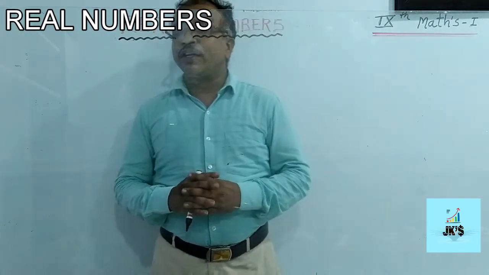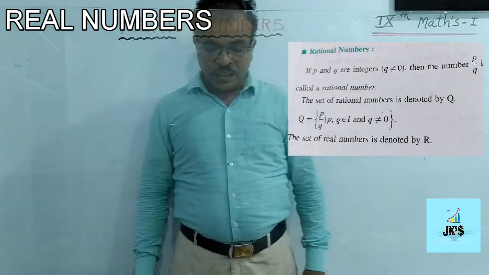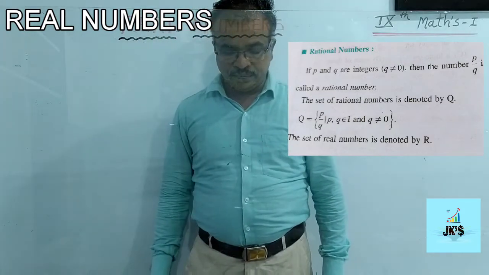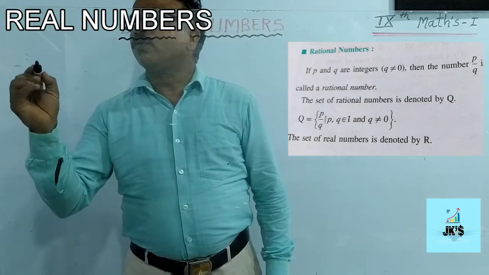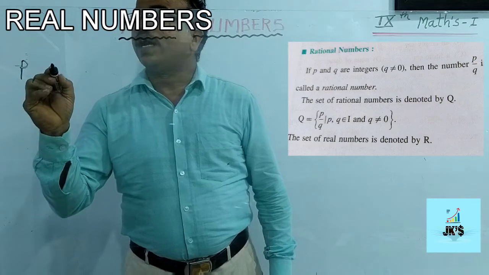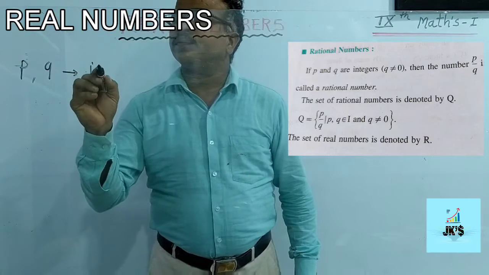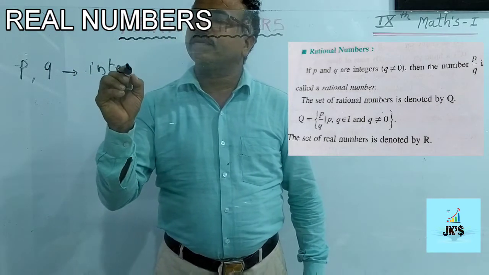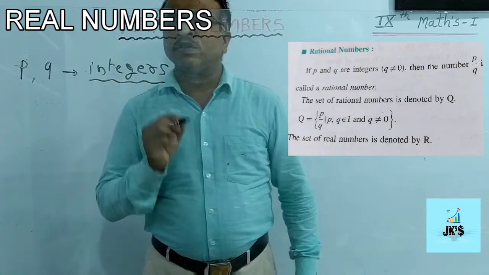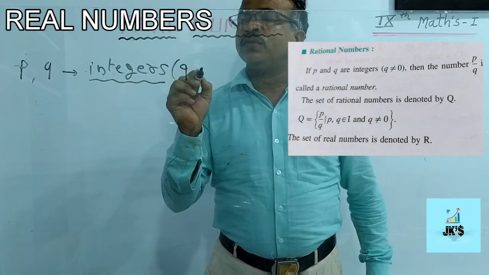So what are the rational numbers? If p and q are any two integers and q is not 0, then p upon q is known as a rational number. What are p and q? P and q are integers, where q is not equal to 0.